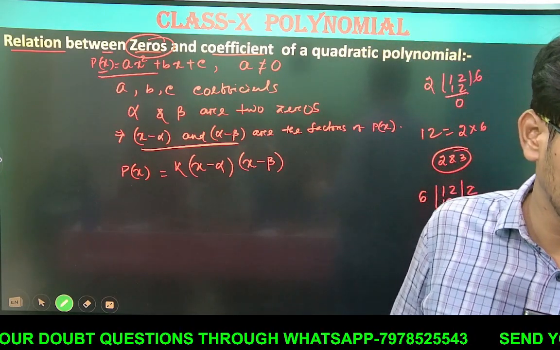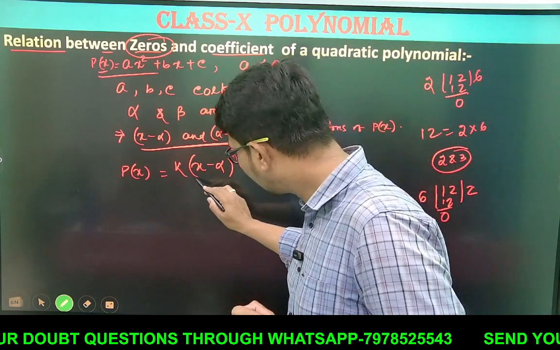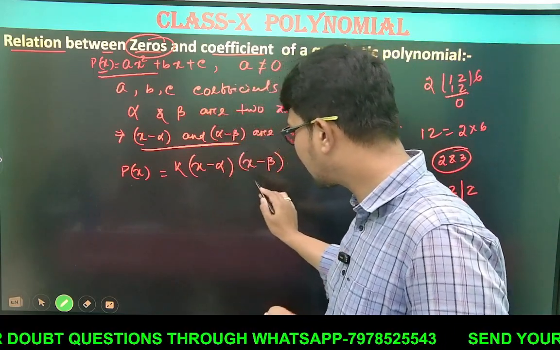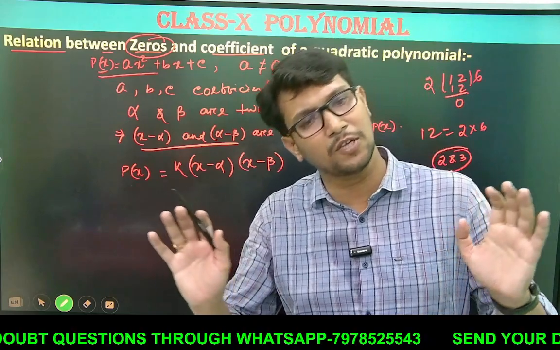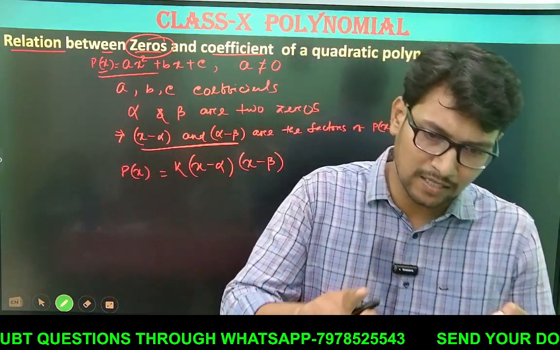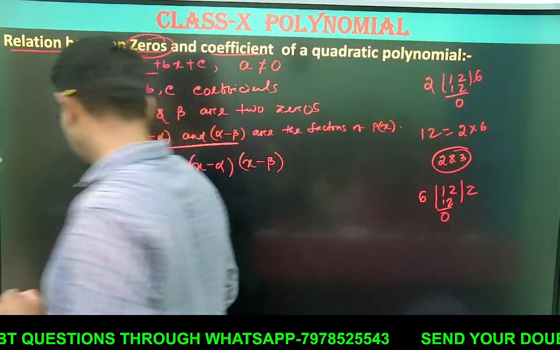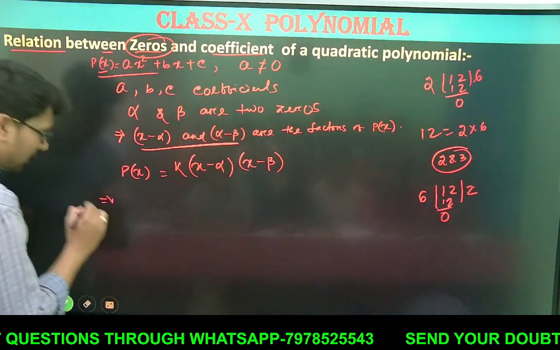You all have clear: x minus alpha into x minus beta equals p of x, because alpha and beta are the zeros. So now we are comparing.